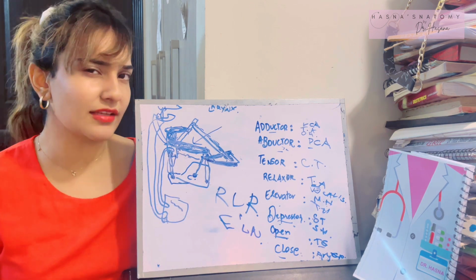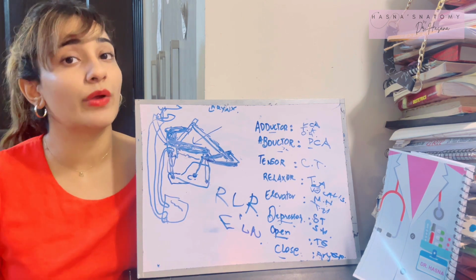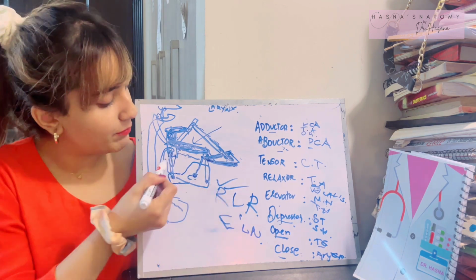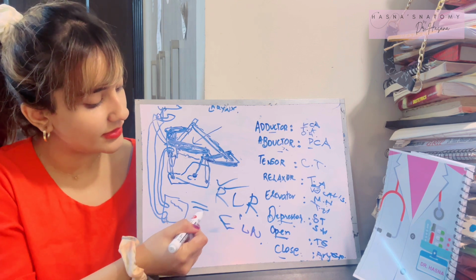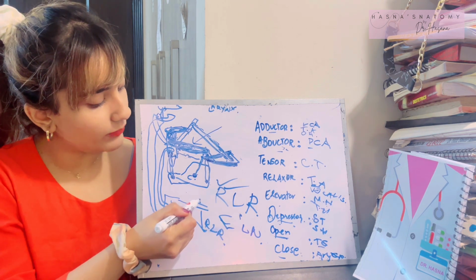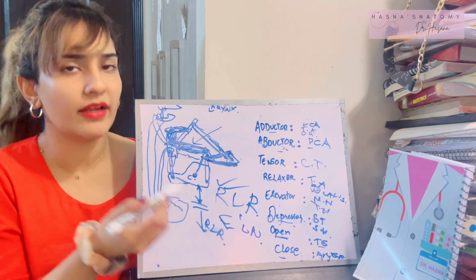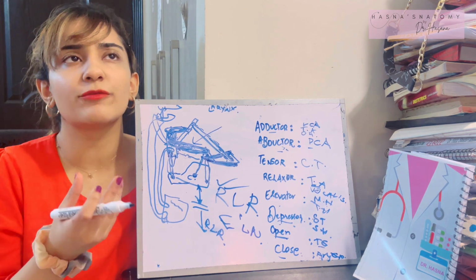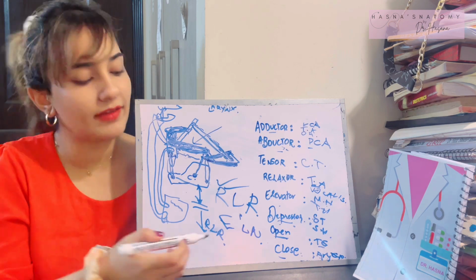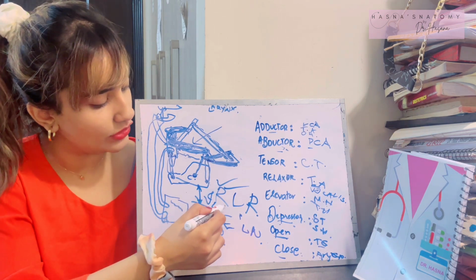With that, let's talk about the sensory supply of the larynx, which is again very easy. The recurrent laryngeal nerve is the major supply of the larynx. And below the vocal folds, the sensory supply is going to be given by the recurrent laryngeal nerve. Above the vocal folds, which nerve would be responsible for supplying an inside area of the larynx? There's just one nerve left, and that is the internal laryngeal nerve.